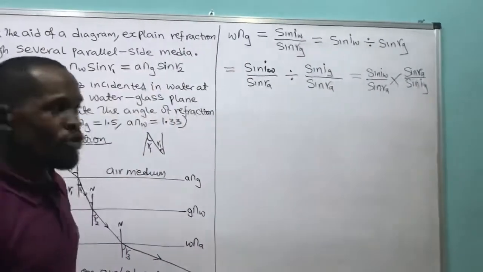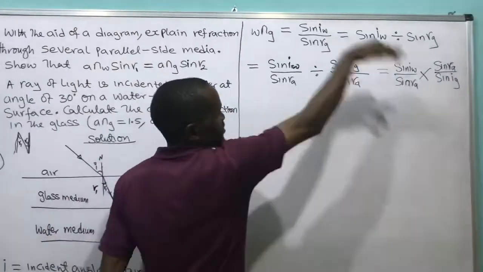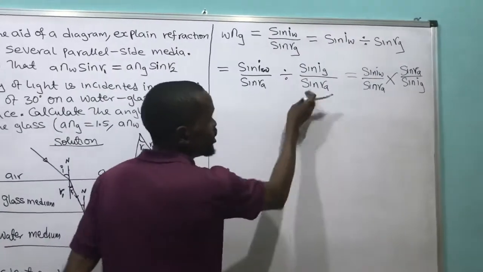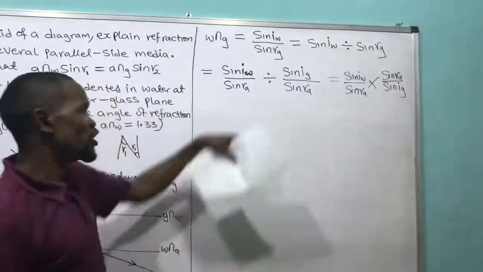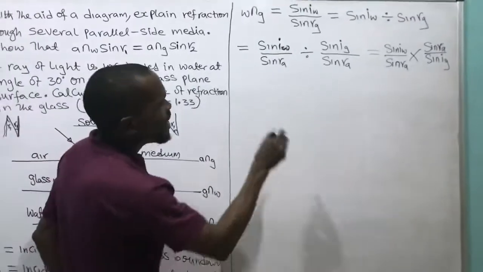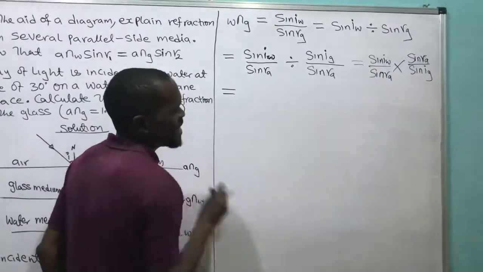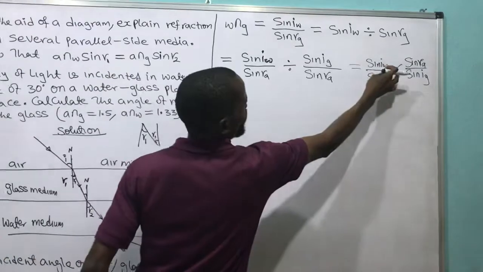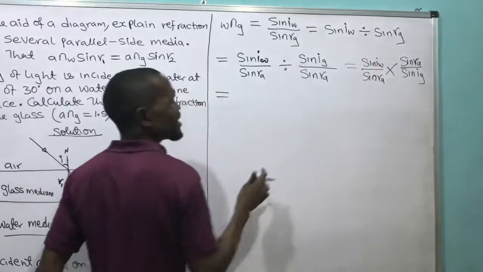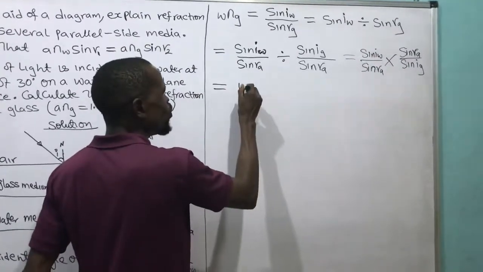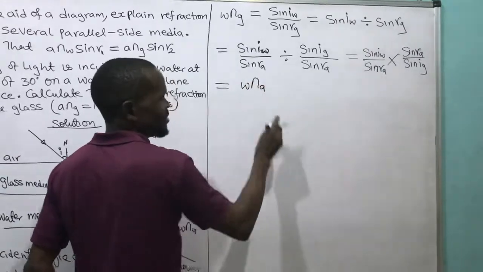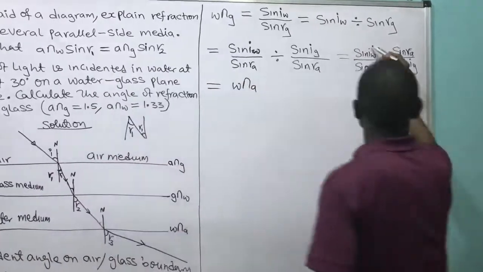You follow? You get it right? I said this is inverted, so multiplication occurs. This one will come over, this will come down, multiplication appears. Then this incident in water and refraction to air is the same thing as water to air.